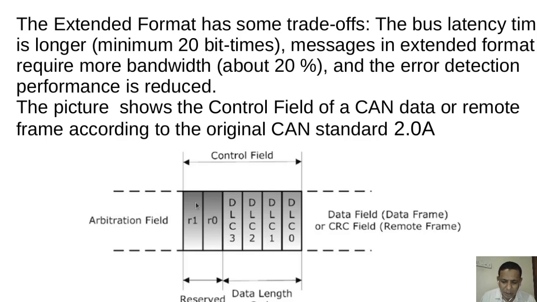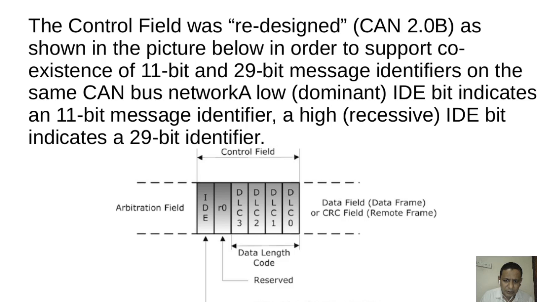So this is the control field of the standard frame format, and in the case of the extended format, the control field is changed like this. This is the DLC, and again this is the control field. This is R0. This is the IDE.